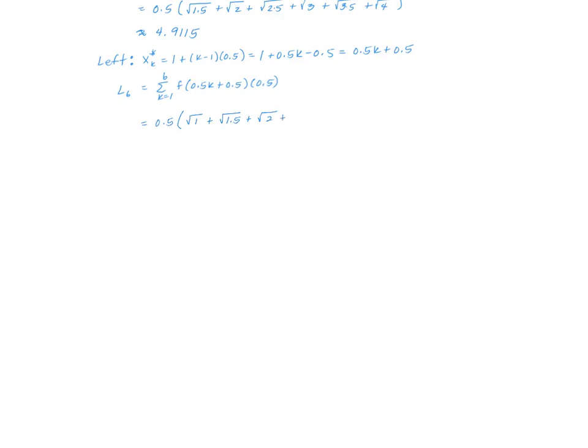So this is the square root of 1, square root of 1.5, square root of 2, square root of 2.5, square root of 3, square root of 3.5. And then putting that in a calculator, I get approximately 4.4115.